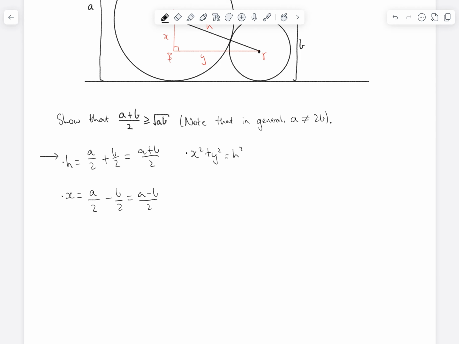So y equals the square root of h squared minus x squared. And we have expressions for h and x. Let's put them in. So h is a plus b over 2 squared. Subtract x squared, which is a minus b over 2 squared.